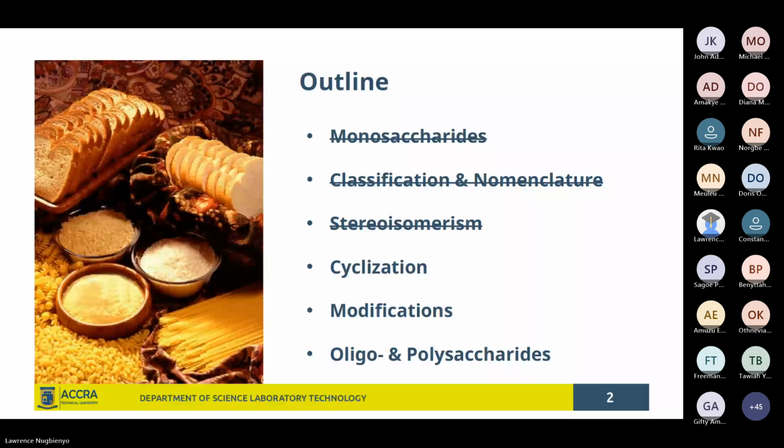looking at different isomers of monosaccharides, those that were mirror images of each other. We refer to them as enantiomers. But we could have stereoisomers that were not mirror images of each other.